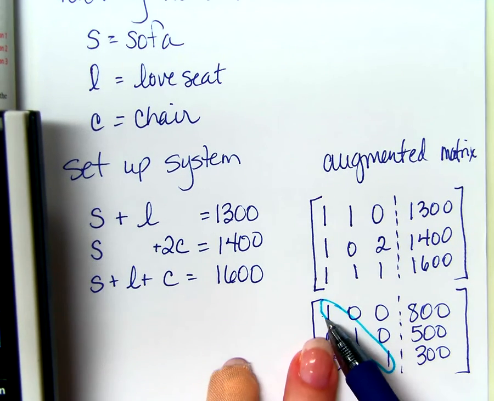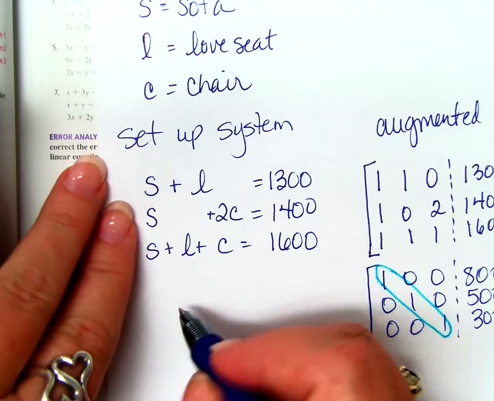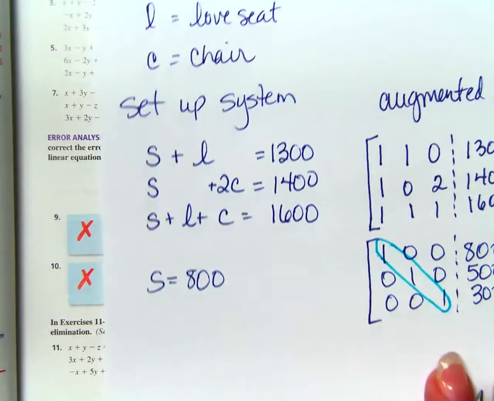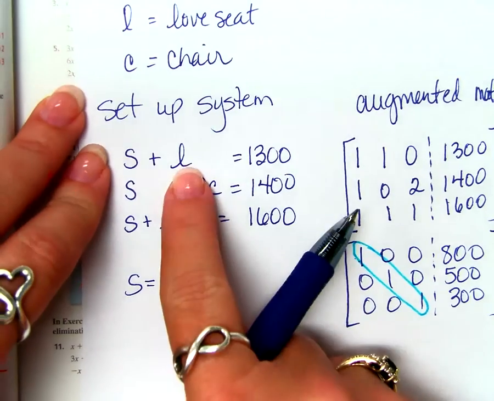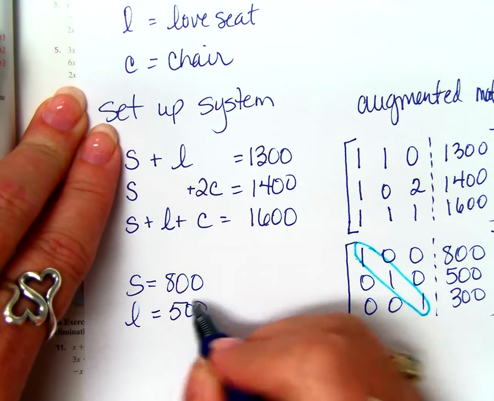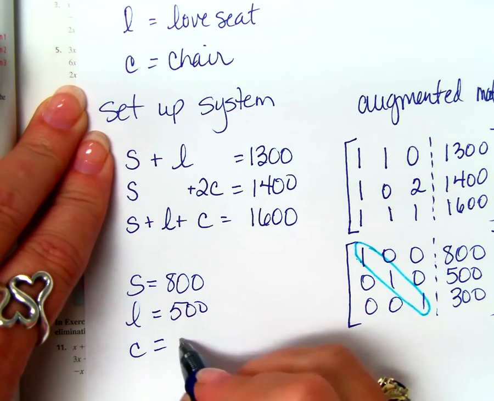So I know my first variable that I used, in this case an S, is going to be 800. So we'll go ahead and write S equals 800. This is not the end, but it'll give us a start. Okay. My second variable I used was L, so L is 500. And the third variable I used was C, and C is 300.